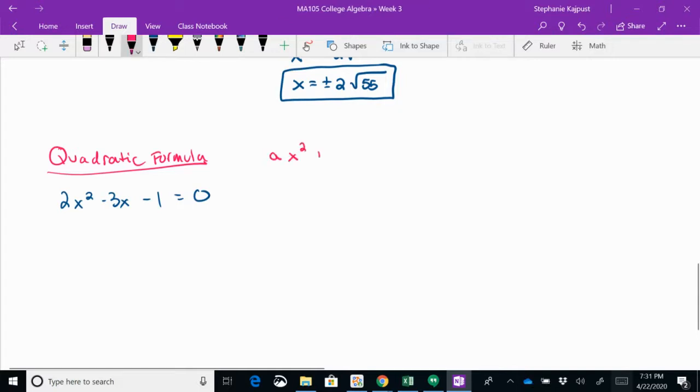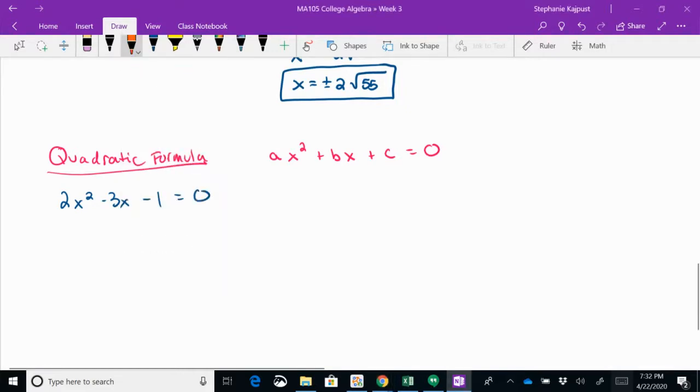So the quadratic formula, you can use it all the time, but we basically use it when we have something in this form, where you have some a, which is just some number, times x squared, plus a number times x, and then plus another number. So like in my example, 2, negative 3, and negative 1, those are our values here.